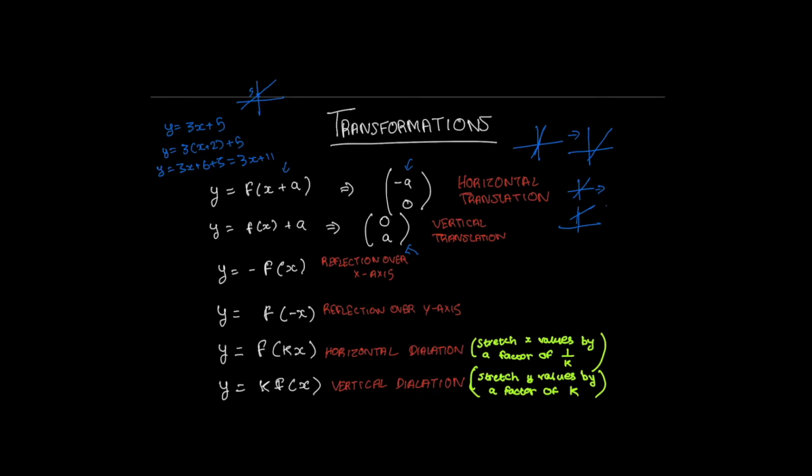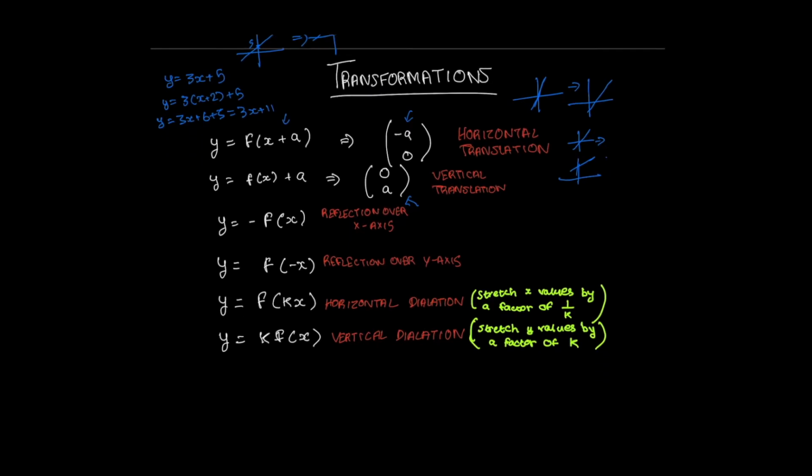From sketching the function, it would be something like that, where this is 11 instead of 5. You just shifted the function by 2 units to your left, and this would automatically change the y-intercept as well. I know this looks a bit like vertical translation, but it is not. It is actually horizontal translation. In linear functions, it's often hard to see.